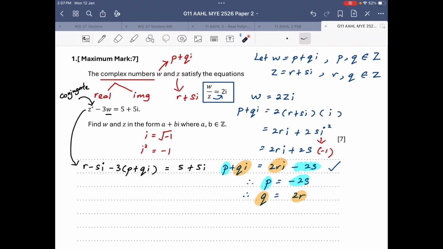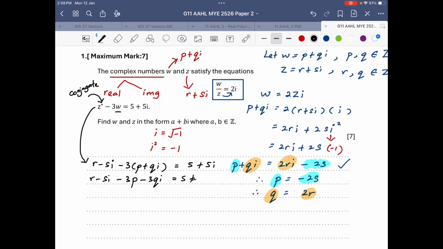Open up the bracket: minus 3P minus 3Qi. Now we can make comparison. These are the real parts, without i.